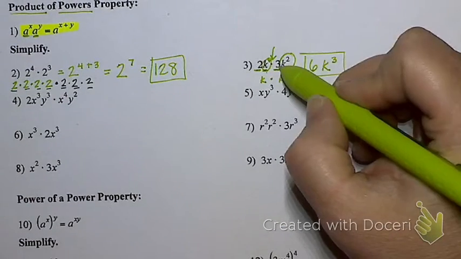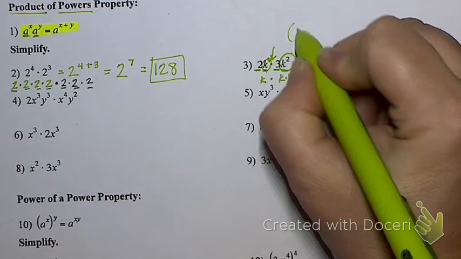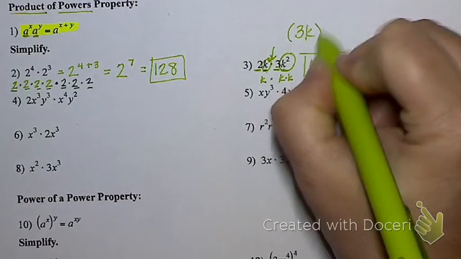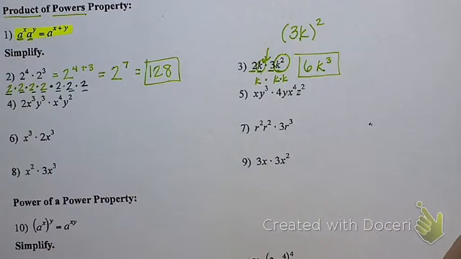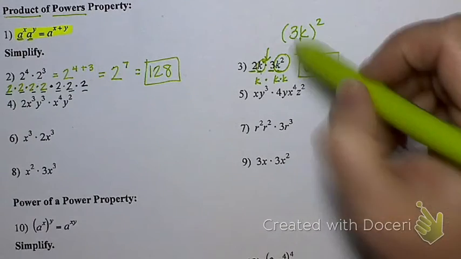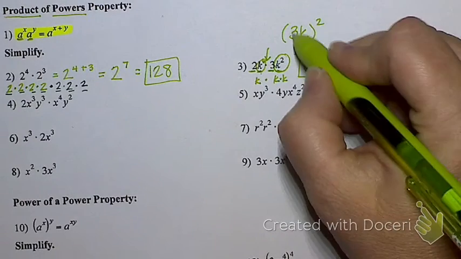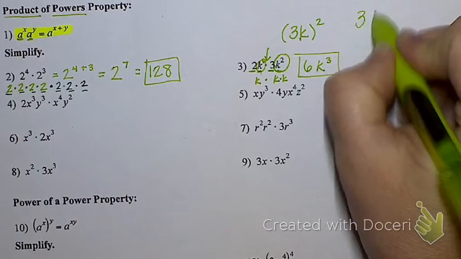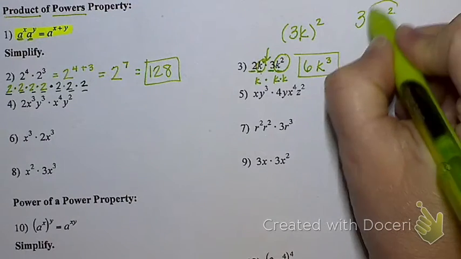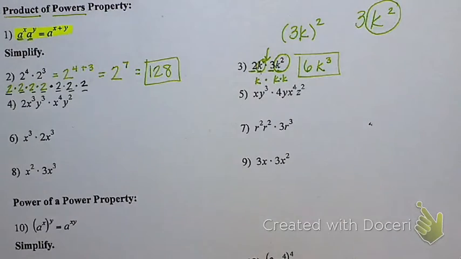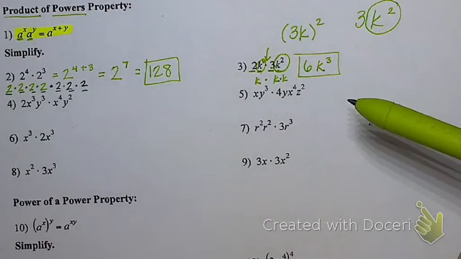If the 3 was a part of the base, it would look like this. That makes the 3 a part of the base, and we'll talk about that in a few minutes. But as it is, 3k squared, the power is only that part because that's the only part that has an exponent. It doesn't go to the number in front unless it's in parentheses with it.